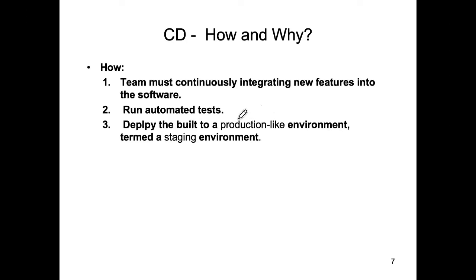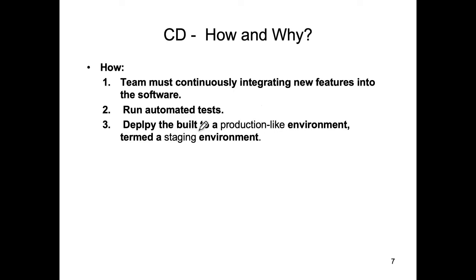When we do an automatic build and then run our automatic tests, the next thing that happens is that we deploy the application not to the production environment, but to an environment that is very close to the production environment, but not accessible to the end users. We often refer to that environment as a staging environment. I'm using that term down here.